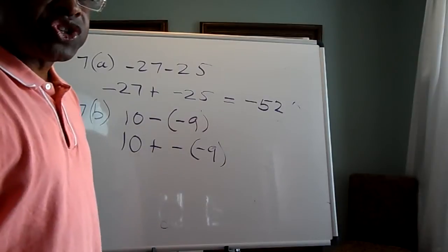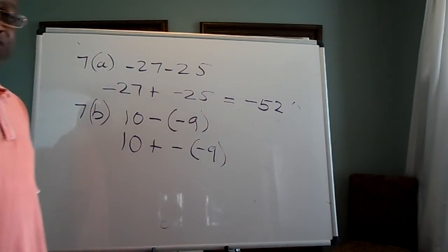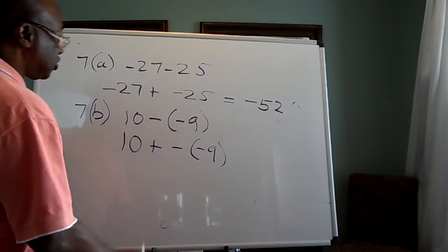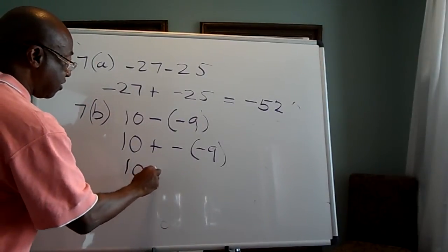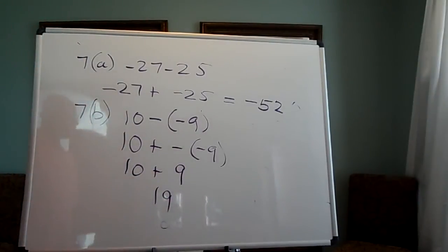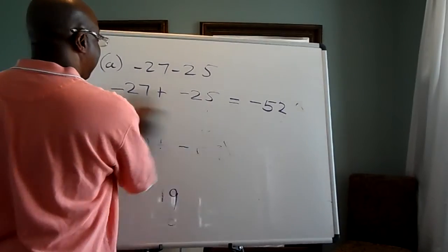To make a long story short, minus minus 1 equals 1. Minus minus 2 equals 2. Minus minus 3 equals 3. So therefore we have 10 plus what? 9. And the answer is what? 19. Very good. Minus minus 9 is what? Plus 9. Okay.